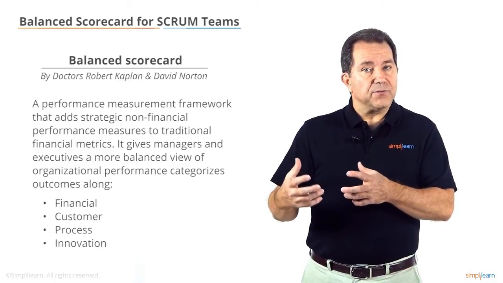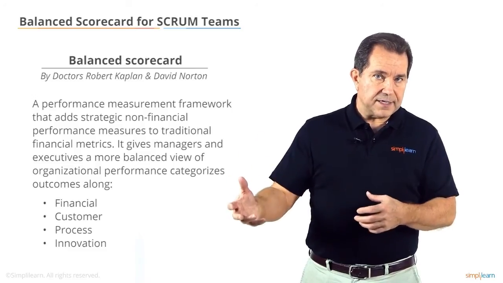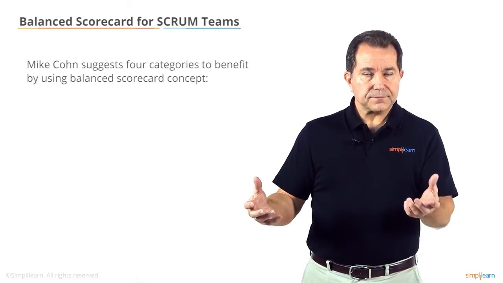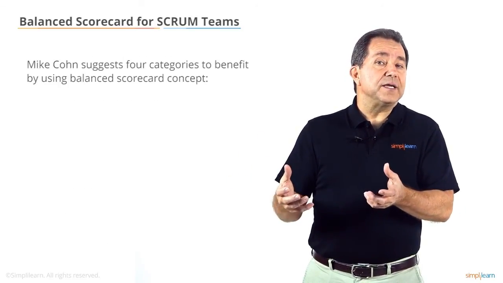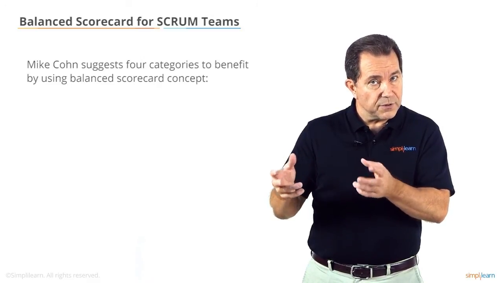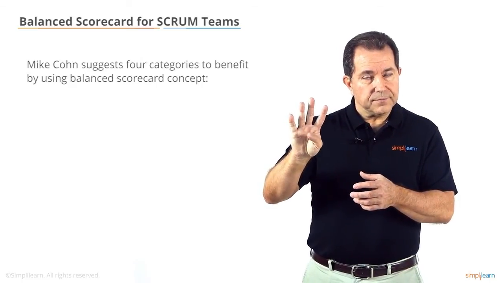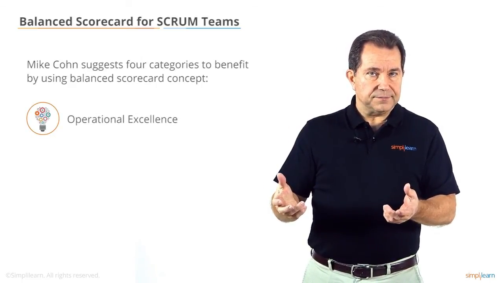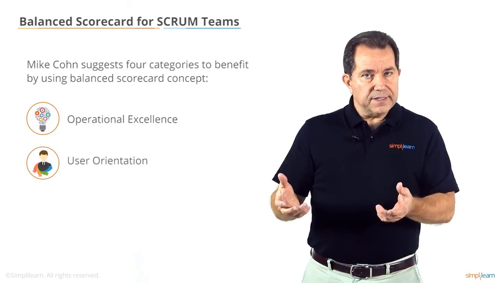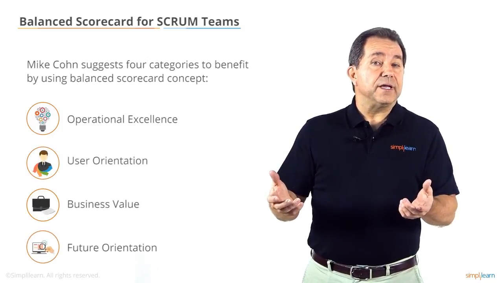This framework has 4 categories: financial, customer, process, and innovation. Mike Cohn suggests we can benefit by using the balanced scorecard concept for Scrum teams by using these 4 categories: operational excellence, user orientation, business value, and future orientation.